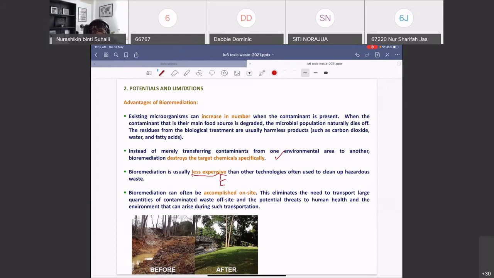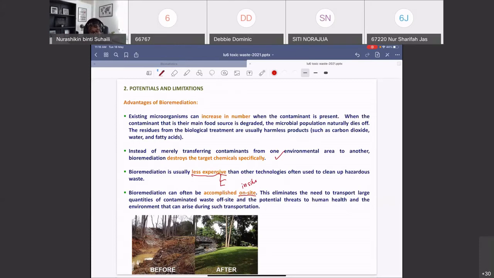Another advantage is that bioremediation can be accomplished on site, meaning that you can do the processes at that particular site of contaminated area, or we call it in situ. If you want to use chemical processes, perhaps you have to take the contaminated samples and treat them somewhere else, right? So it's not on site. So bioremediation can be conducted on site. What are the benefits of on-site treatment?